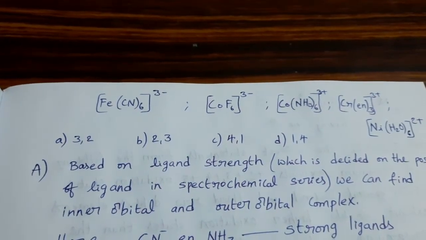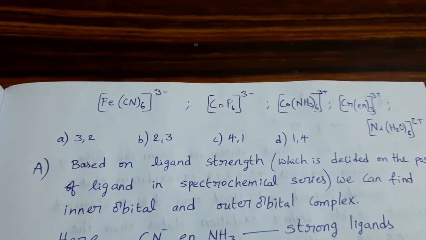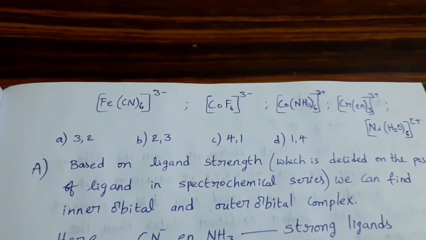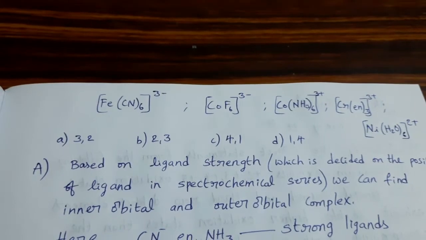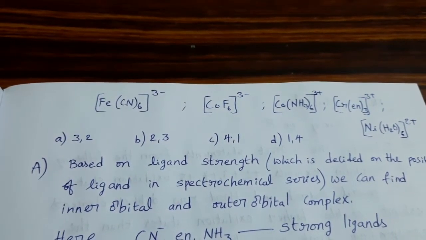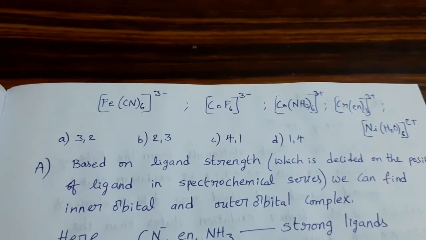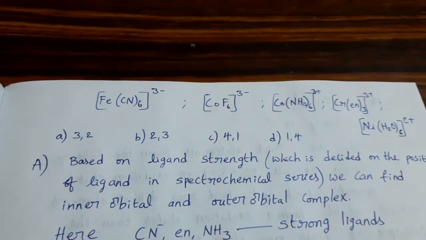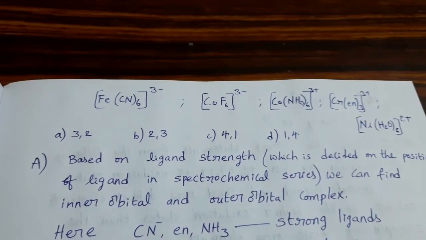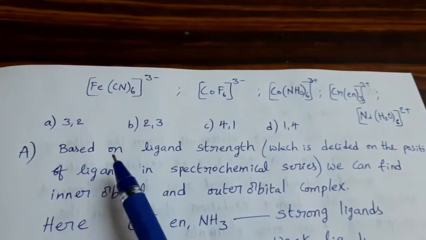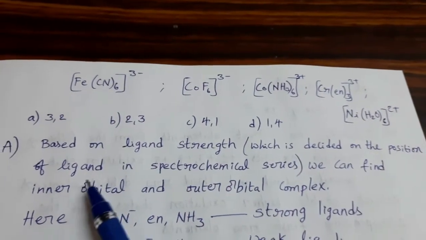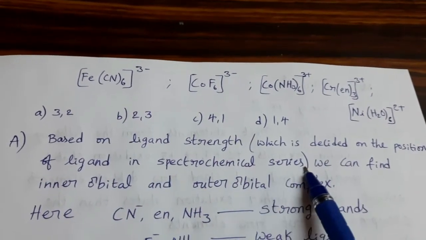So how can we decide the strength of the ligand, whether it is strong or weak? Based on the spectrochemical series. That means based upon the spectral values of various ligands, we can arrange them in the increasing order of ligand strength. That arrangement is called the spectrochemical series.